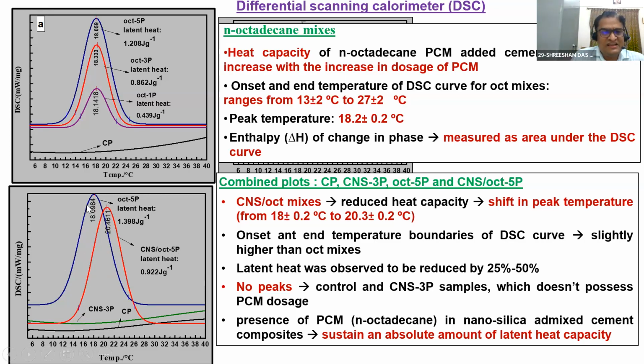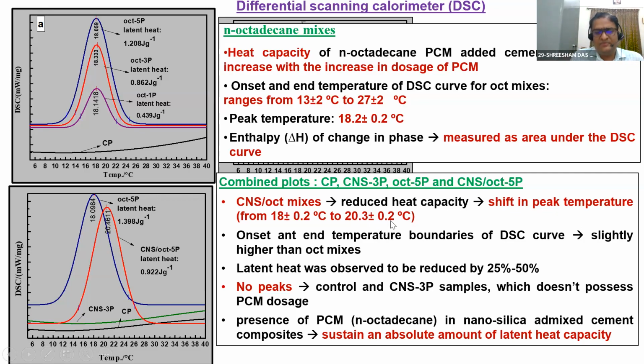So the octadecane, what is the temperature boundary for octadecane? Well, it is just 18 plus or minus 0.2 degree. So when I'm adding nanoparticles and octadecane, that is phase change material, there is a shift in peak temperature. So that is 20.3 plus or minus 2.